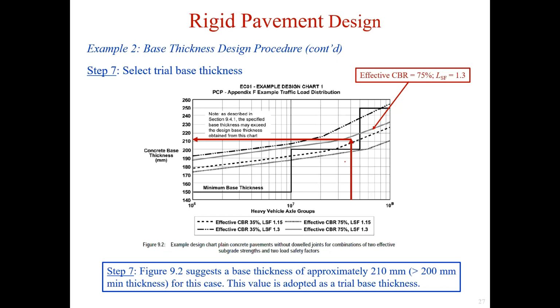According to the design traffic of 4 times 10 to the power of 7 and previous results, effective subgrade design CBR of 75% and LSF of 1.3, this figure suggests a base thickness of approximately 210 millimeter, which is greater than the 200 millimeter minimum thickness. So this value is adopted as a trial base thickness.